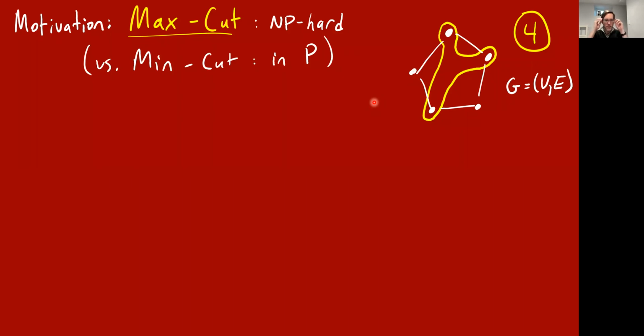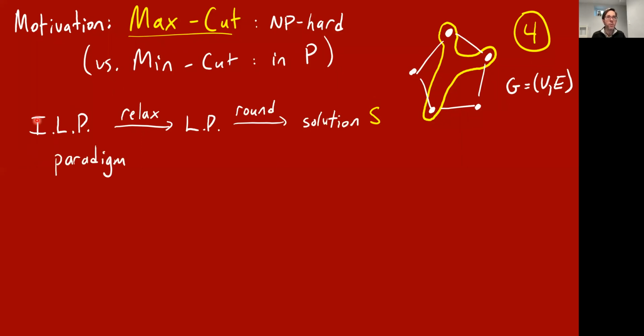Okay, so what that means is, if you try to do this paradigm of writing down an integer linear program that captures maximum cut, relaxing it to a linear program, and hoping that's not such a bad relaxation, maybe solving this linear program, getting an optimal sort of fractional solution, and then rounding it to a true solution S, this paradigm we talked about last time, well, you're not going to get the situation that this always gives you the optimal maximum cut, because then max cut would be in polynomial time.